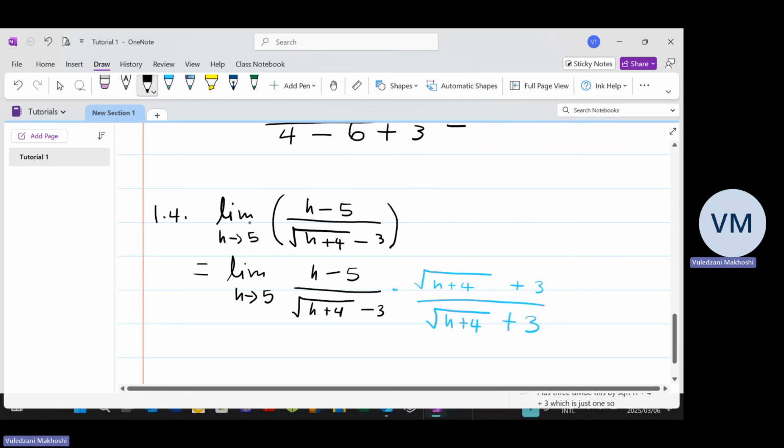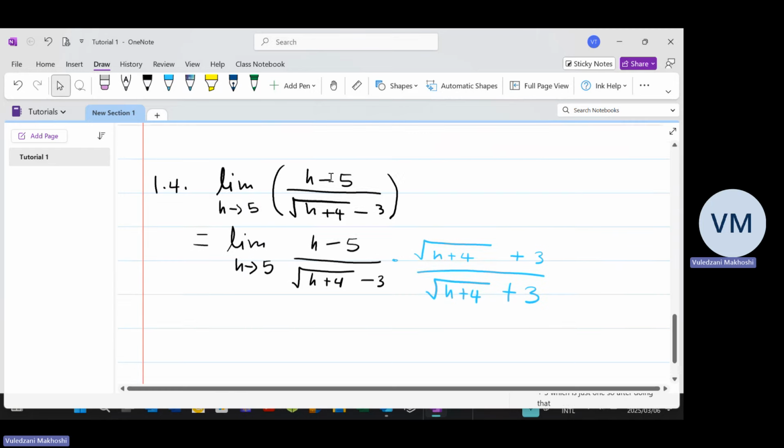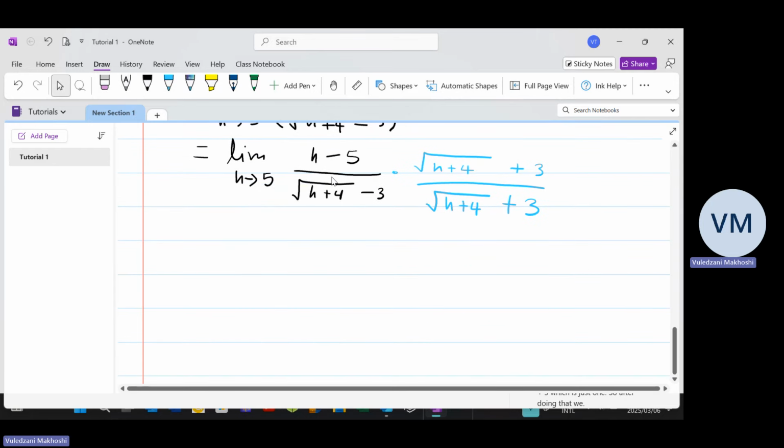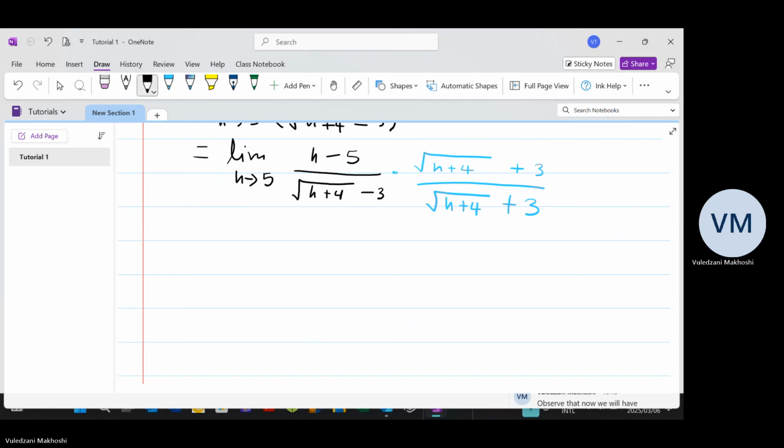So after doing that, we observe that now we will have the limit when h is approaching 5 of h minus 5, close bracket, multiply this by the square root of h plus 4 plus 3.